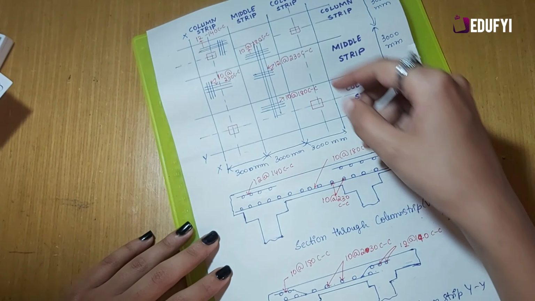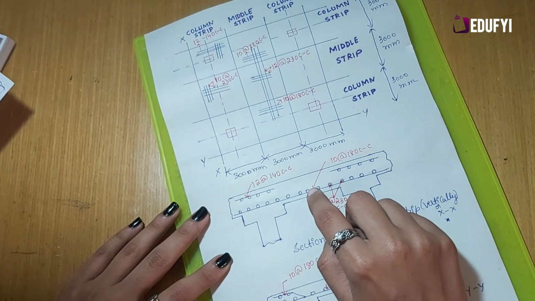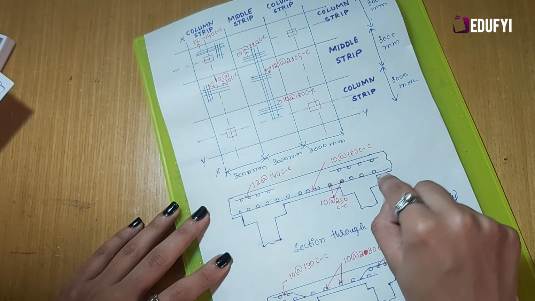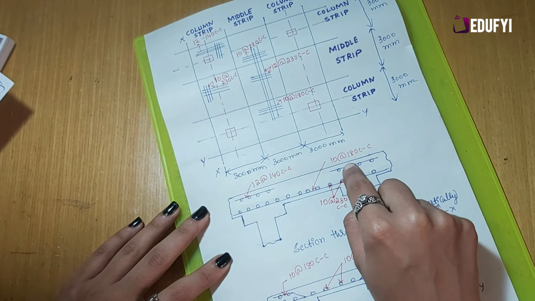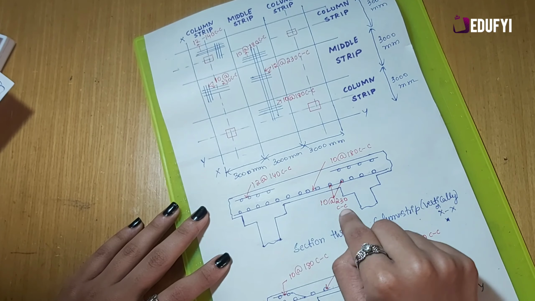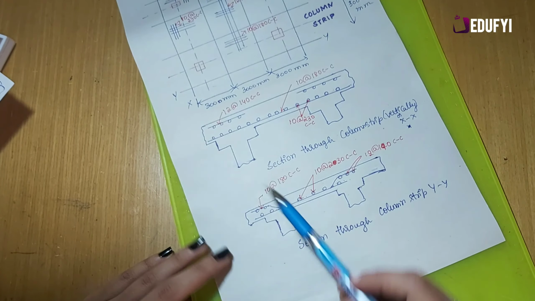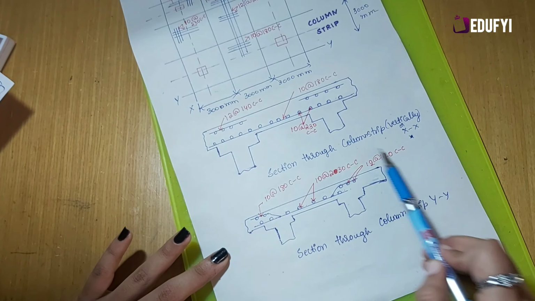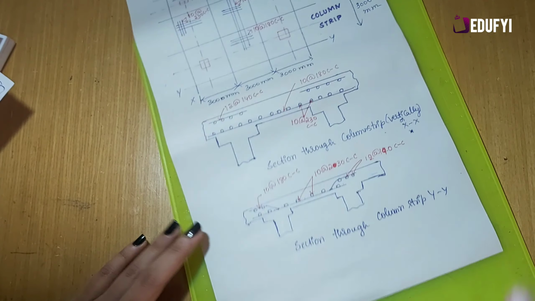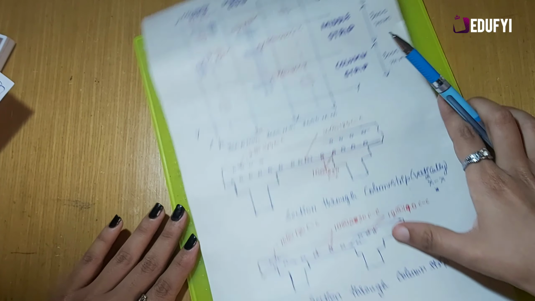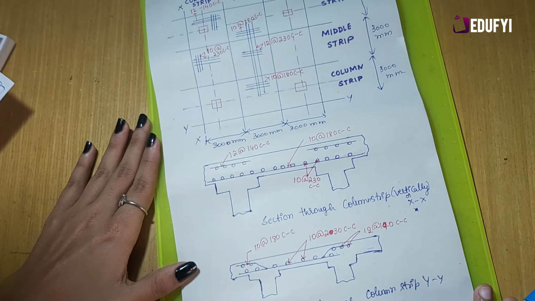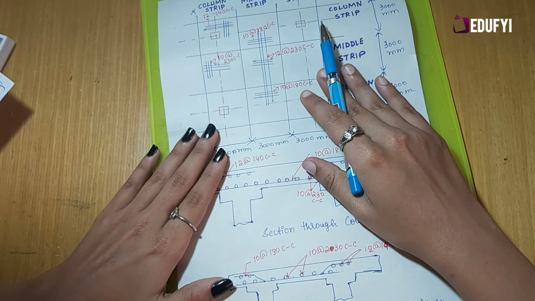So 10 at 180, this one 10 at 180, 12 at 140. Again the cross section is 10 at 230 mm center to center. Similarly, in this direction if we cut, this is the section through the column strip. So this ends the design of the flat slab. I hope this was educative. Thank you.